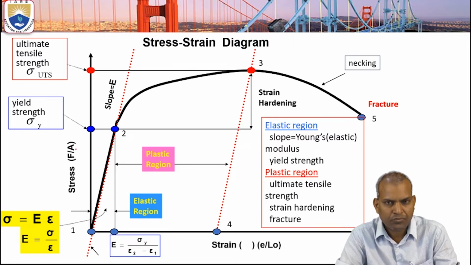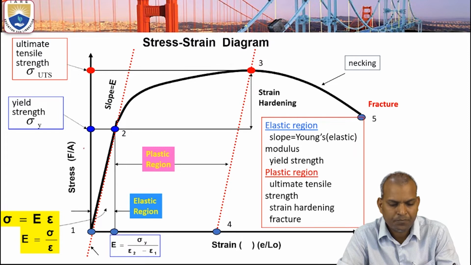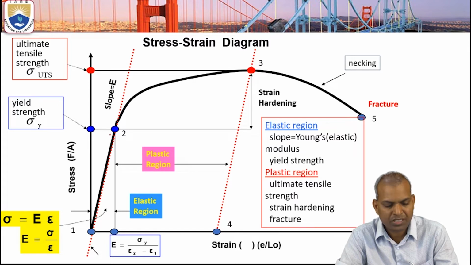Point 1 is the starting point when the tensile load is applied on the material, up to point 2. After point 2, a permanent deformation takes place, and below point 2, after the removal of the load, the material regains its original shape. That region is known as the elastic region.